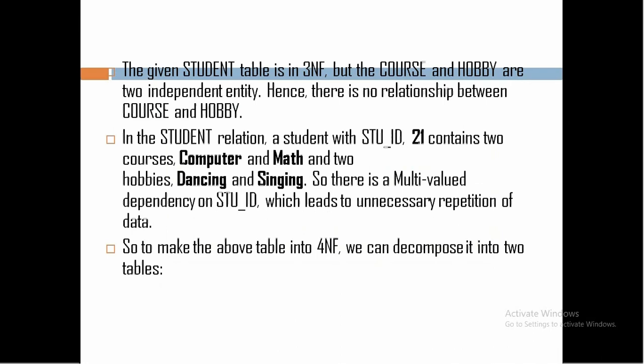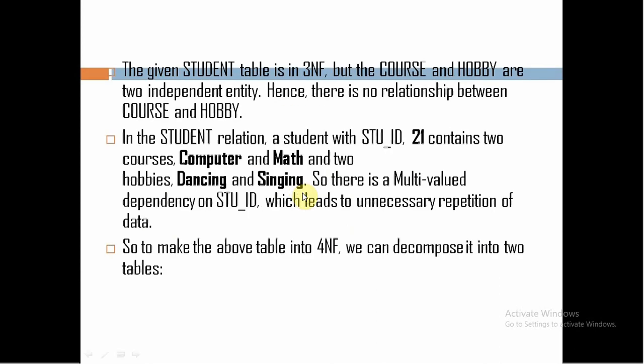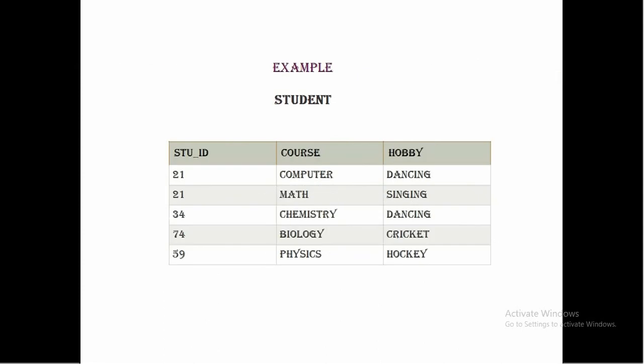Here the student table is in 3NF but the course and hobby are 2 independent entities. Hence there is no relationship between course and hobby. Student ID 21 contains 2 courses, computer and math, and 2 hobbies, dancing and singing.